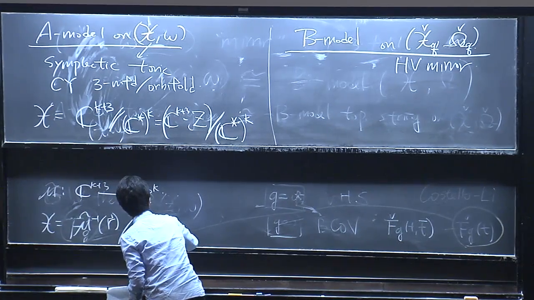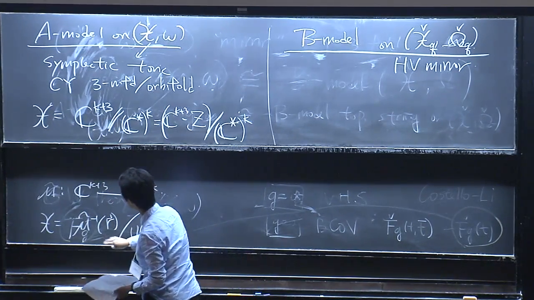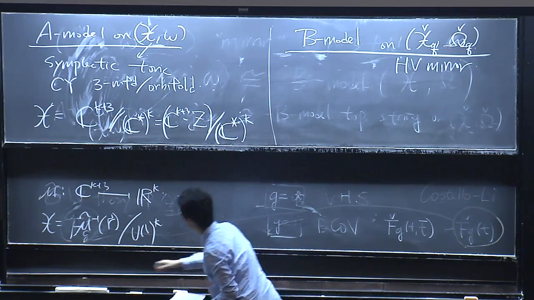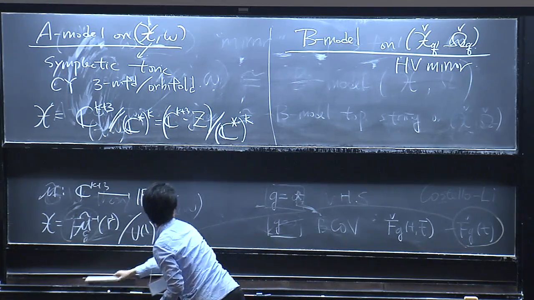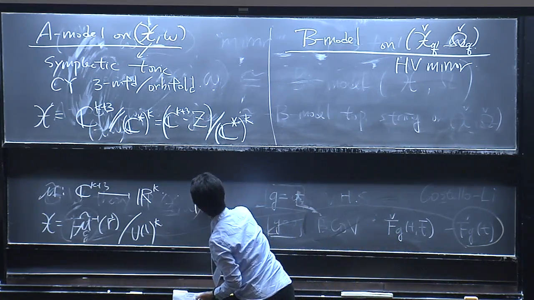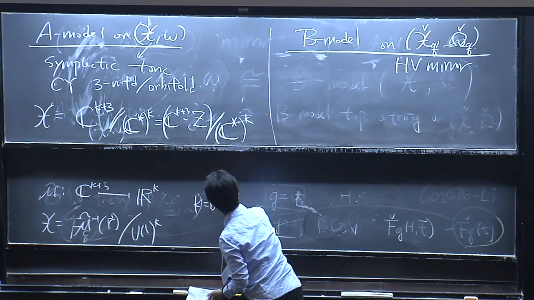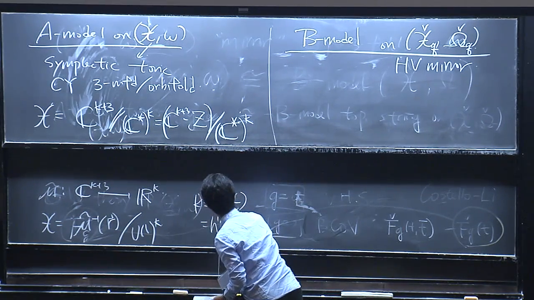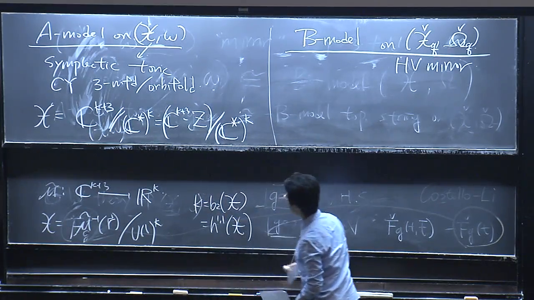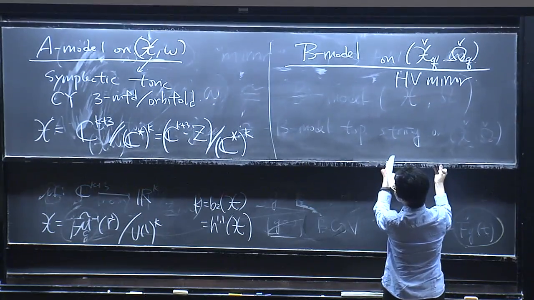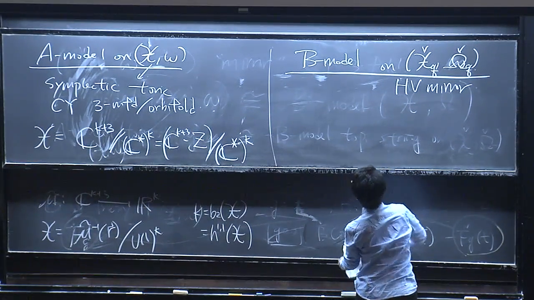And in this description, by choosing different R, we get different symplectic structures, and K will be the second Betti number of the quotient. So this is the number of Kähler parameters.